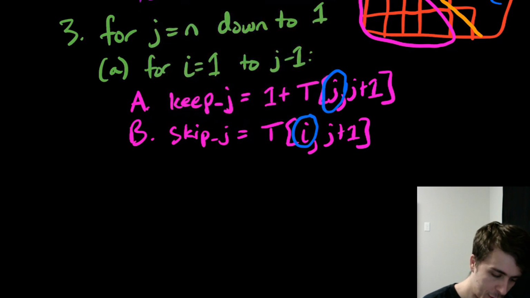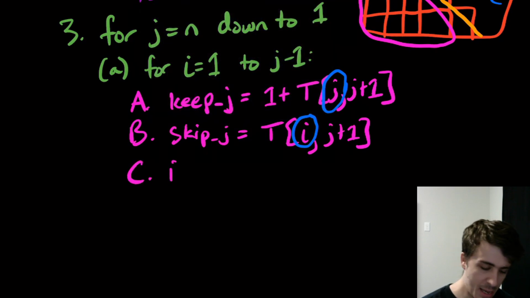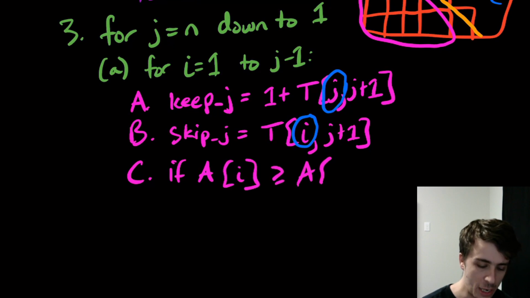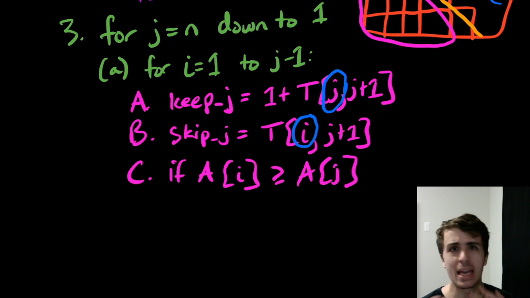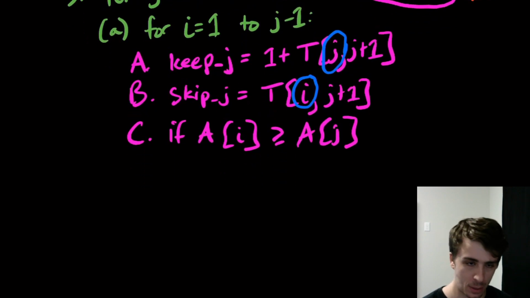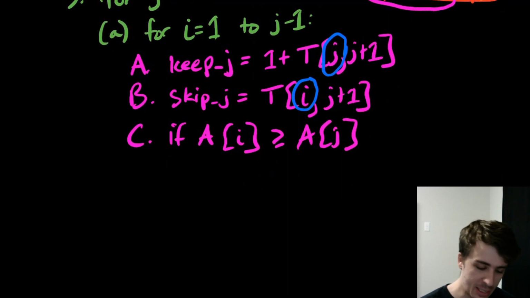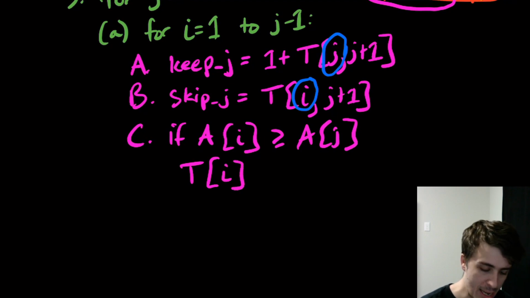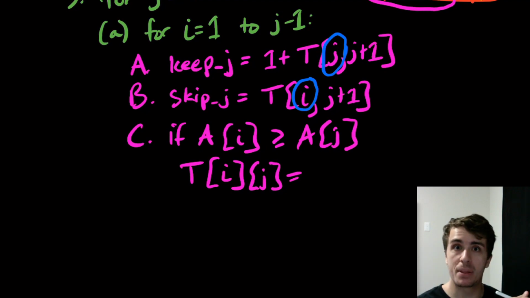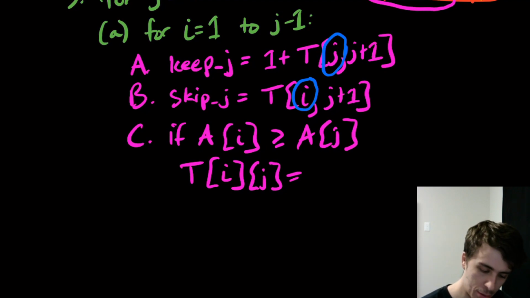Okay, so step C. If A of i is bigger than A of j, which is looking at that case of where we can't include index j, then what are we going to put into the table at row i in column j? That's going to be where we just skip the jth index. So skip j.